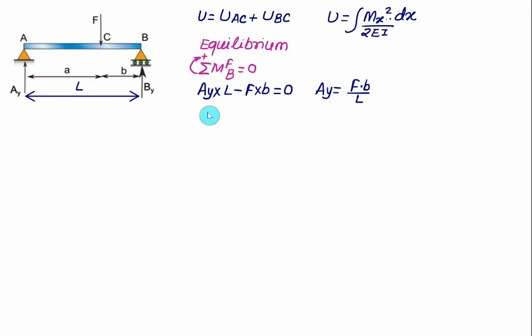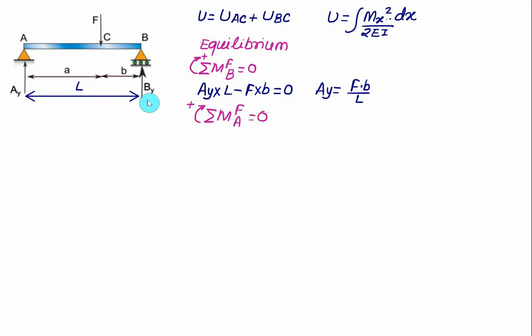Now the same equation we can use to find the value of BY. This time we'll take the sum of moments of all forces about A, and again we'll take the clockwise moment as a positive value and the sum is equal to 0.